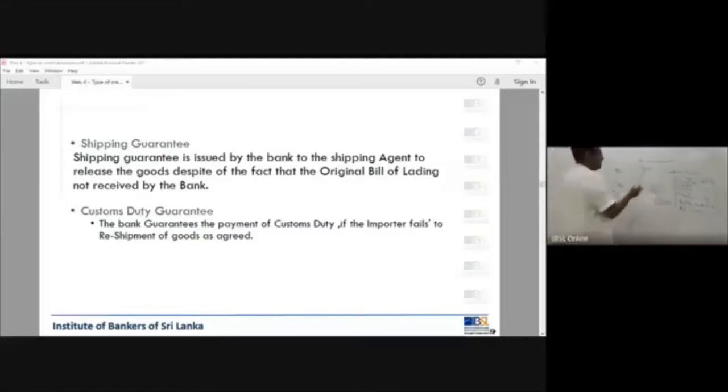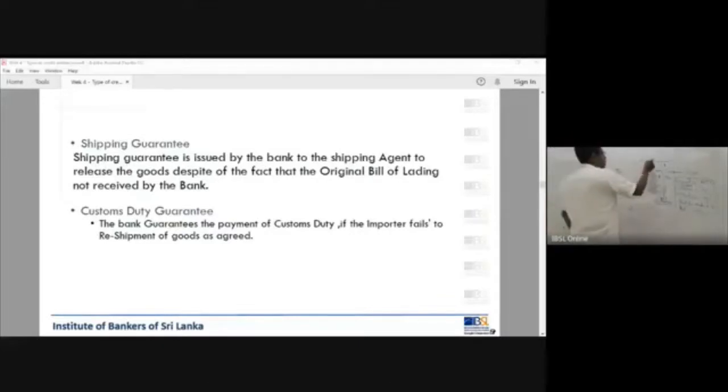Right? You have Bank of Ceylon, Pereira. Mr. Pereira will send the purchase order, PO, for a pro forma invoice. Right? Then goods will come here.